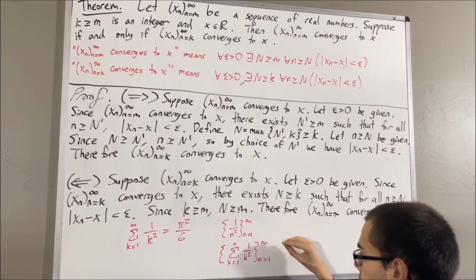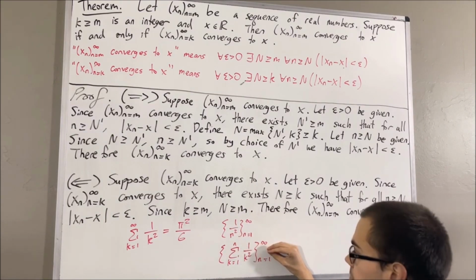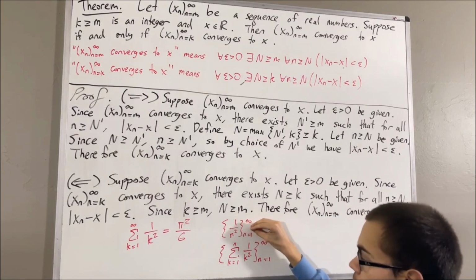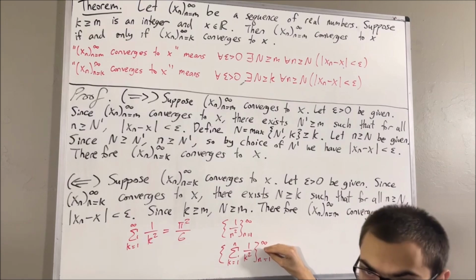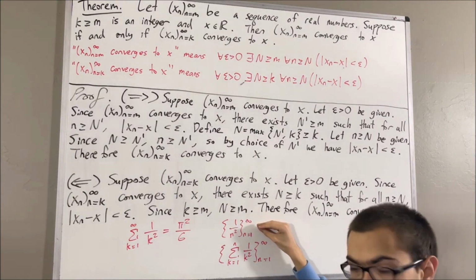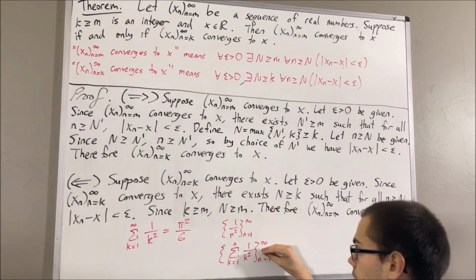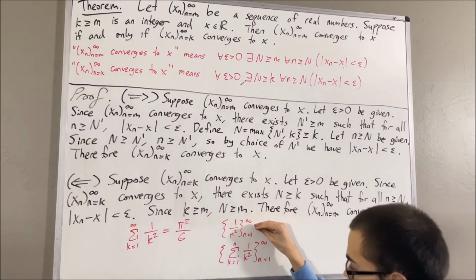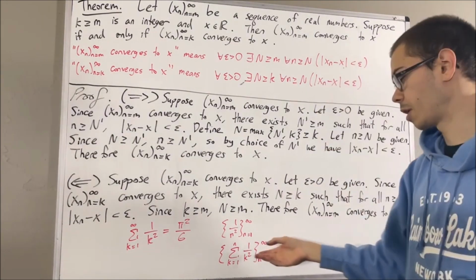Right? We can all agree, since this sequence exists, certainly this sequence exists. The first term of this sequence is 1, therefore the first term of this sequence is 1. The second term of this sequence is 1/4, therefore the second term of this sequence is 1 plus 1/4. And the third term of this sequence is 1/9, therefore the third term of this sequence is 1 plus 1/4 plus 1/9, and so on and so forth.